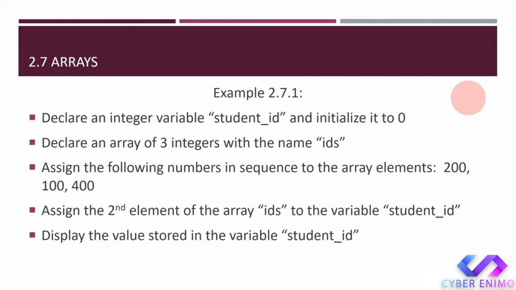So element 0 will be 200, element 1 will be 100, and element 2 will be 400. Then assign the second element of the array IDS to the variable student underscore ID. And finally, display the value stored in the variable student ID on the screen.